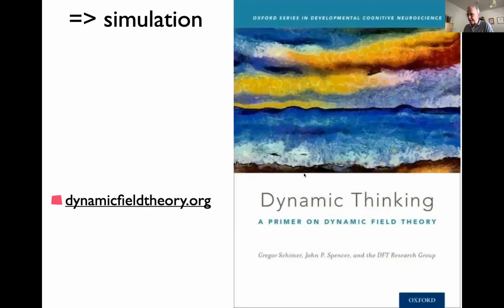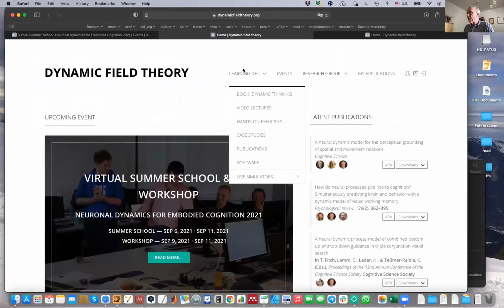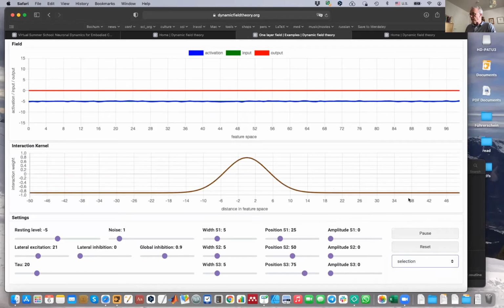So let's simulate that. And for that, I have to go to a different simulator, which I have here, the one layer field simulator. And I'll be loading here. You can load different interaction functions. I think I'm loading this one.